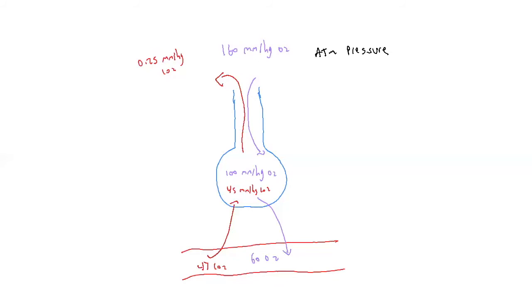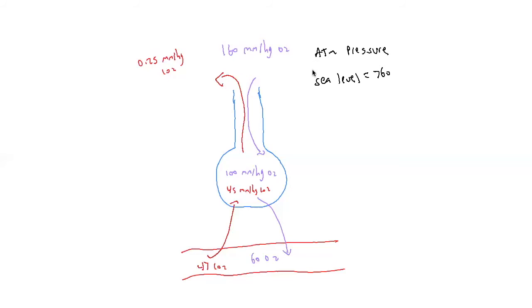Now, what's going to happen if you increase in altitude? Well, at what we call sea level, we see that the partial pressure of gases in the atmosphere is about 760 millimeters of mercury. What's going to happen if you increase in elevation?